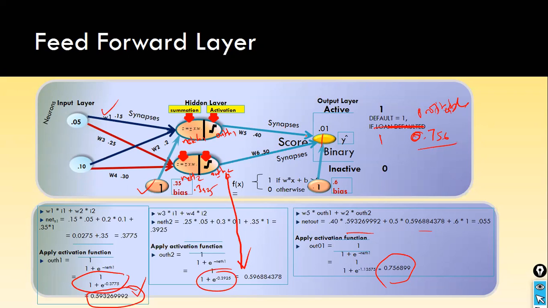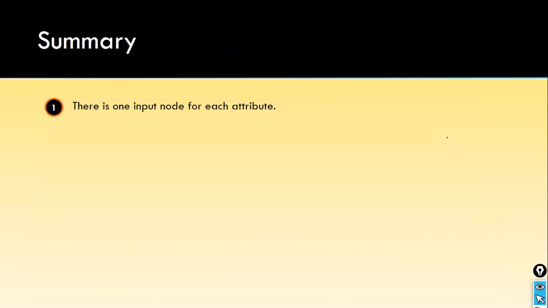It is taking the value of this one, 0.756. In this case, we have only one neuron in our output layer, so we get this one as an output value. Now you understood with this simple example how the computation is done behind the scenes, the mechanics of how this works.